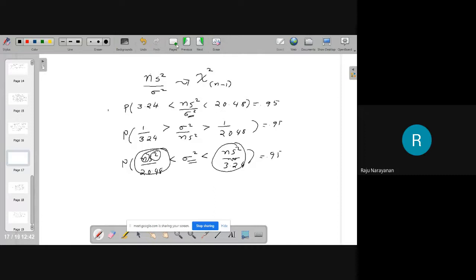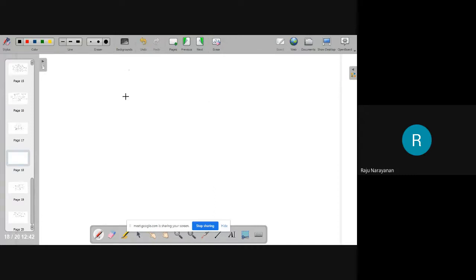For ratios of variance, for example, sigma 1 square by sigma 2 square. Here we don't take sigma 1 square minus sigma 2 square because of theoretical reasons. It is very easy, that is why we take the ratio.